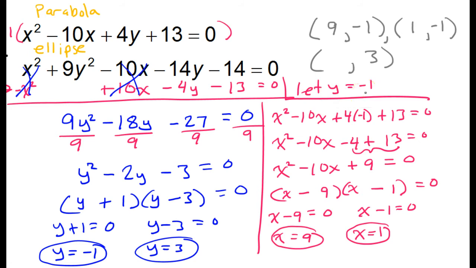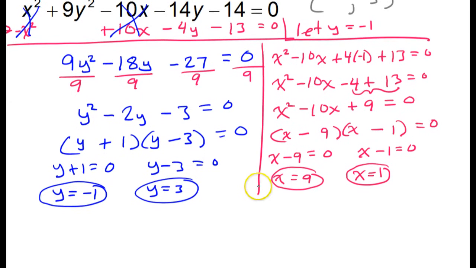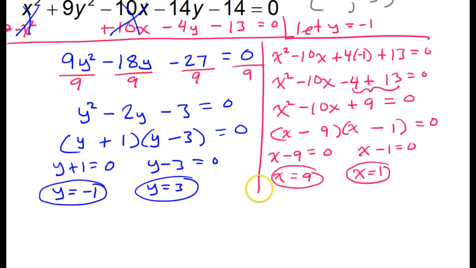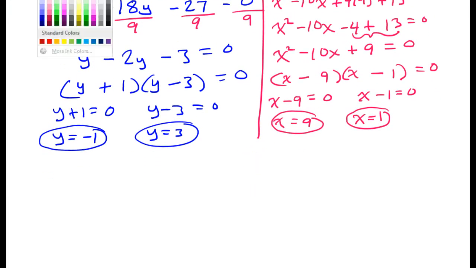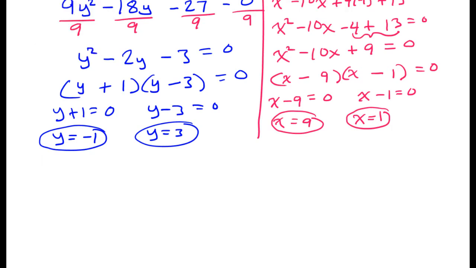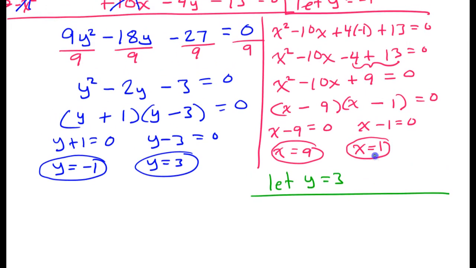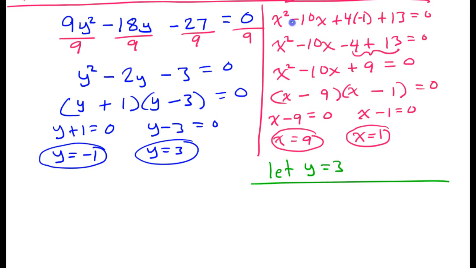Now let's go ahead and do the same thing with a y value of 3. Okay, so I'm going to come down here and say let y equal 3. I'm going to kind of just use this as a guide, remembering that this was the y value right there. So everything else should be the same.